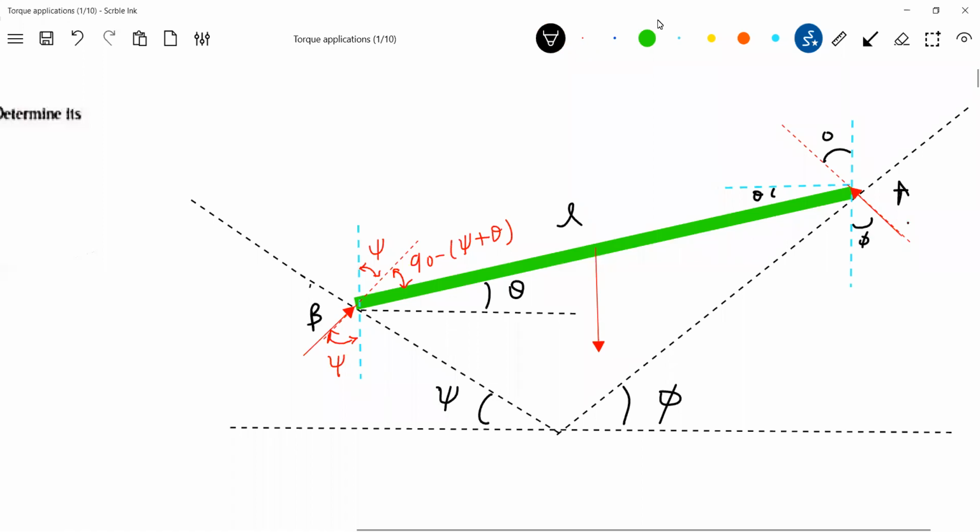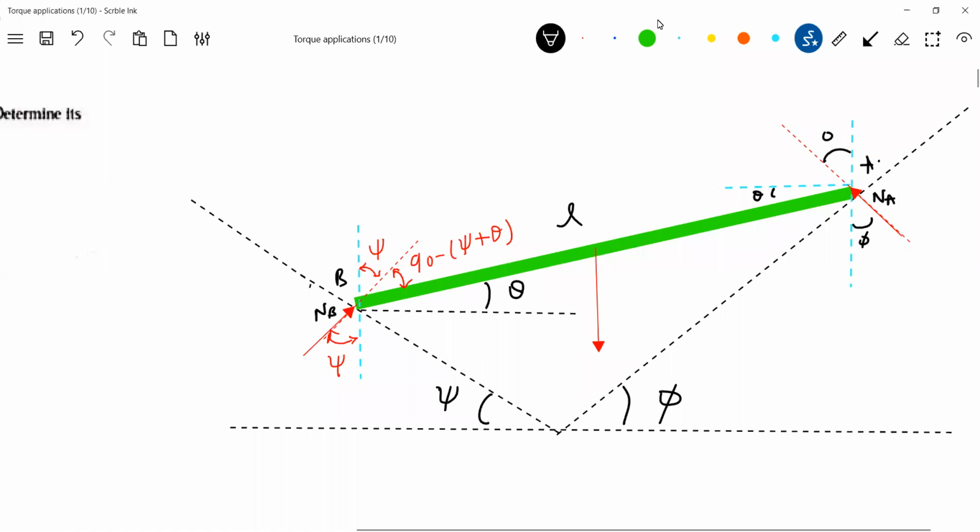And there's a normal reaction at point B. There's a normal reaction. This is the point B, no? This was A, we took it. NA, NB.